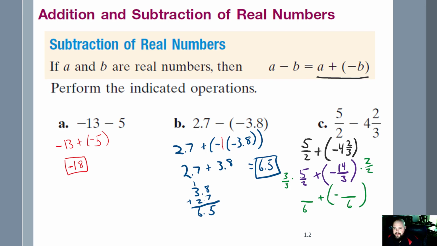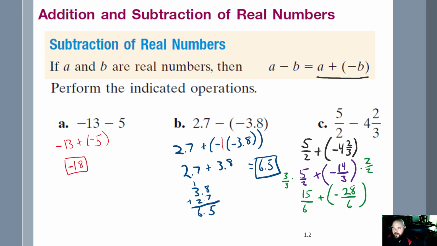So with this, we have 6 in the denominator, check, and 3 times 5 is 15. Then over here we got 2 times 3, which is 6, and then 2 times 14, which is going to be 28. So now we see that 28 over 6 is bigger than 15 over 6.